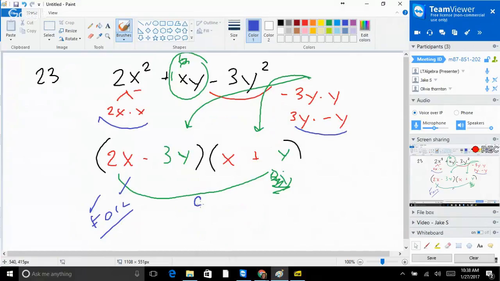So really, you're going for your OI, right? Your outside, inside. So my outside is going to be 2x times y plus my inside, which is going to be negative 3xy. So if I add 2xy plus negative 3xy, I end up with negative xy.